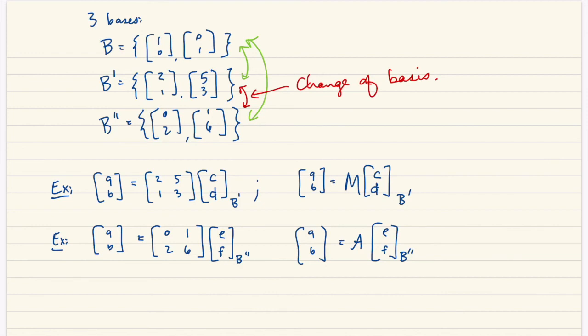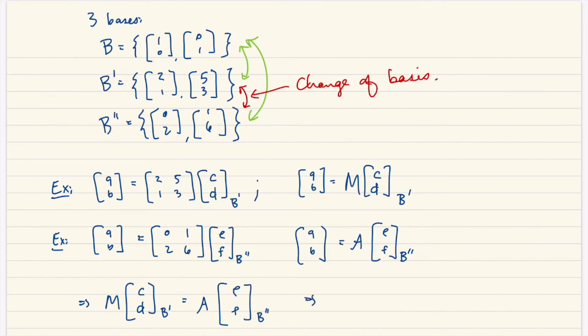If we have a formula to go from one basis to the other, then it's got to be true in reverse. Since these are both equal to the vector AB, that means they must be equal to each other. So this implies that the matrix M times CD relative to B prime is equal to A times the vector EF relative to the basis B double prime.